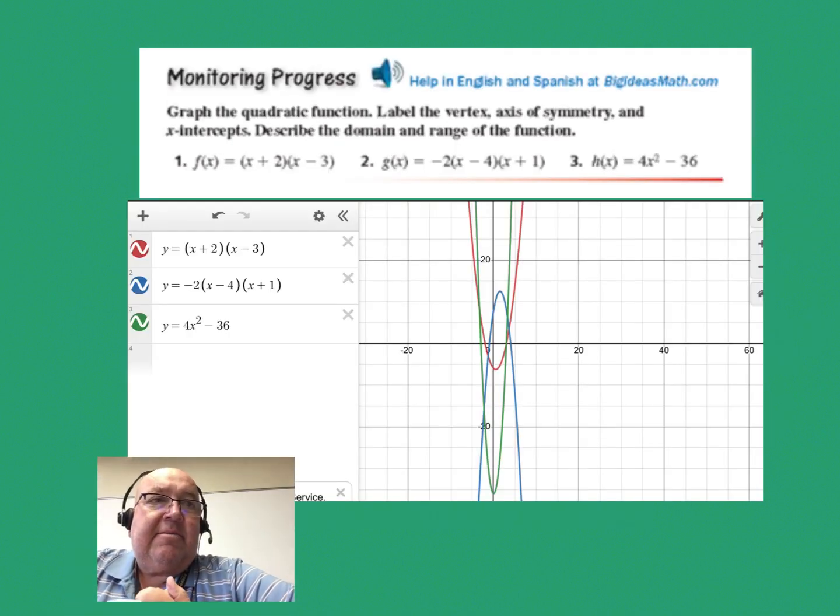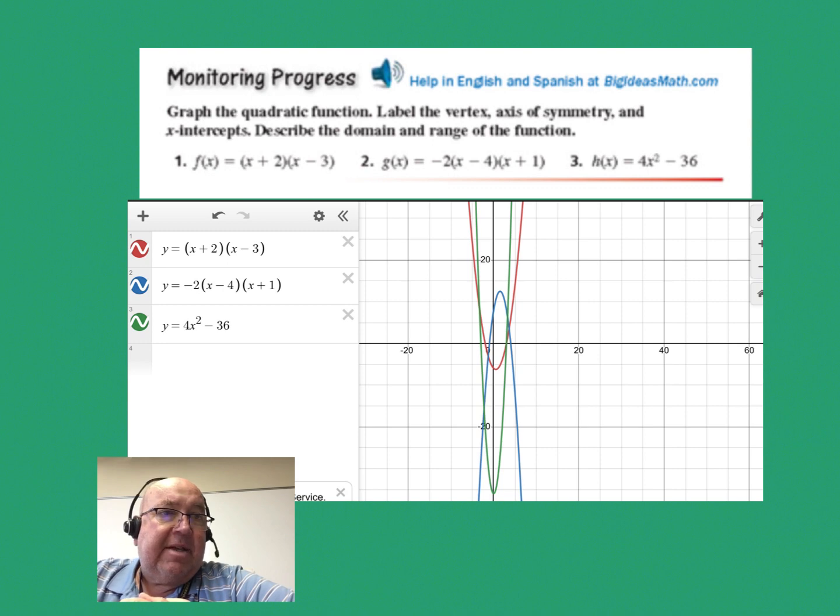Okay, so I graphed these on the same graph. The red graph is x plus 2, x minus 3, so it has intercepts at -2 and +3. The blue graph you can tell is opening downwards because of the -2 in front.